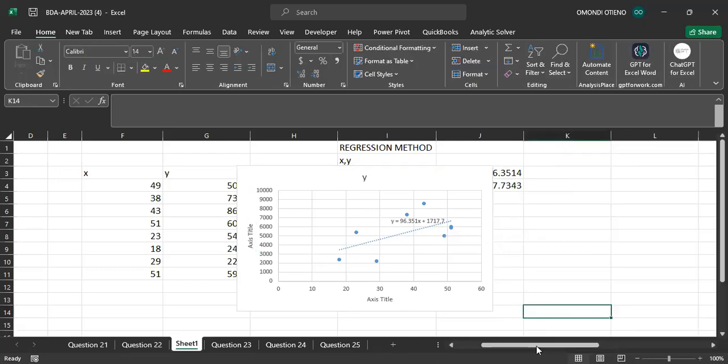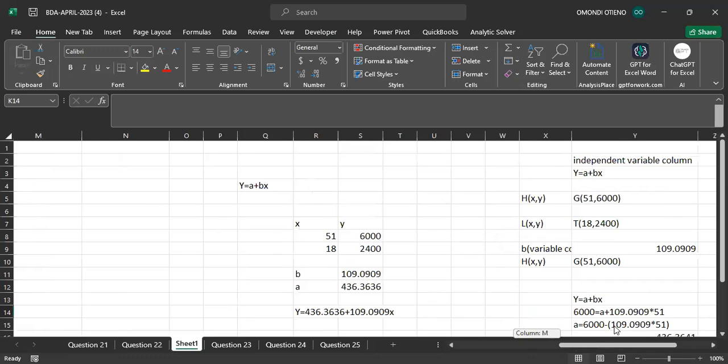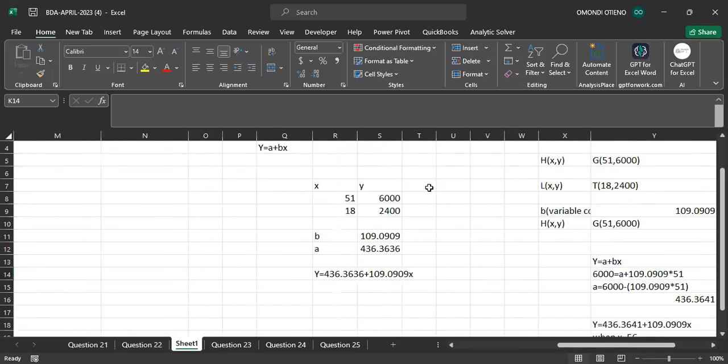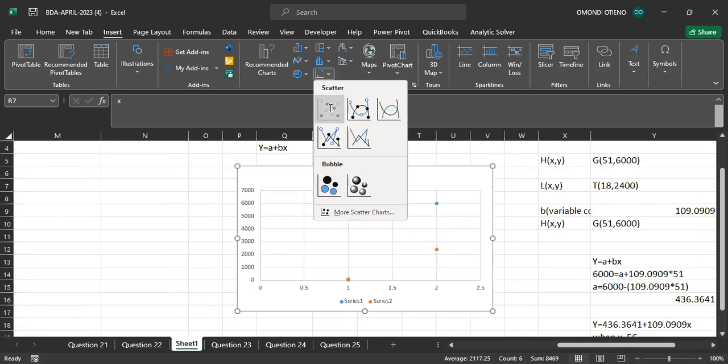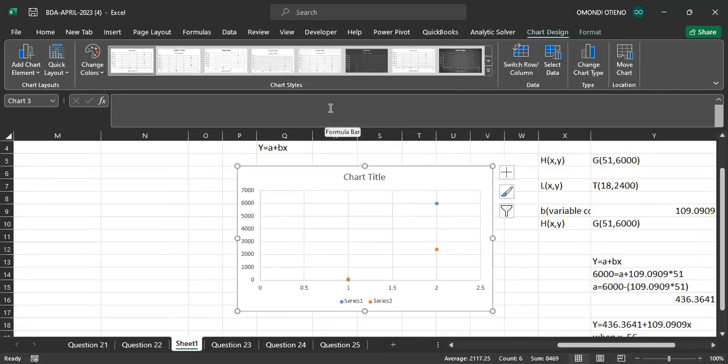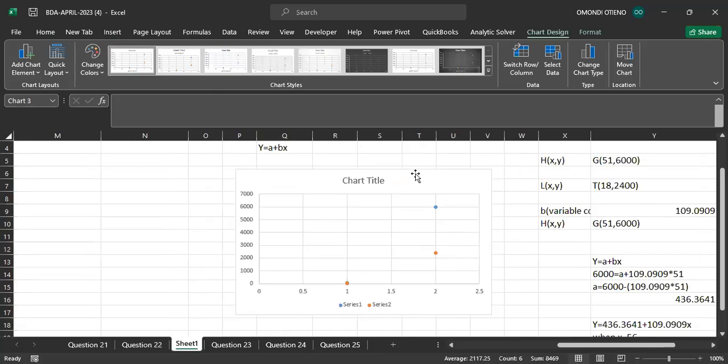Wow. Why can't we do the same to this now that we have X and Y? Yes, we have known values of X and Y. So why can't we do it to this? Highlight this, go to insert, scatter, pick this. Oh, I've picked the wrong one.